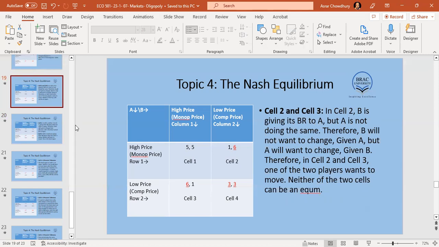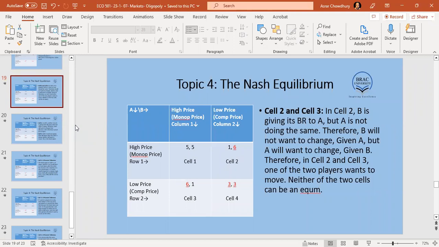What about this cell? Cell 1. Look at the cursor. Cell 1 এ neither of the two are happy, তাই না? If you see cell 1, is any one of the two happy?